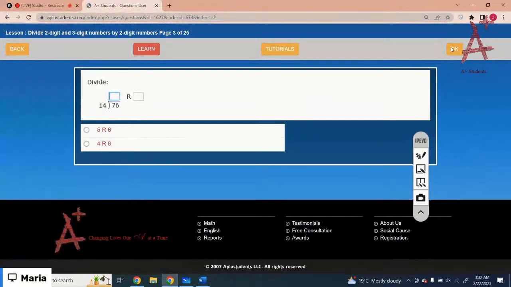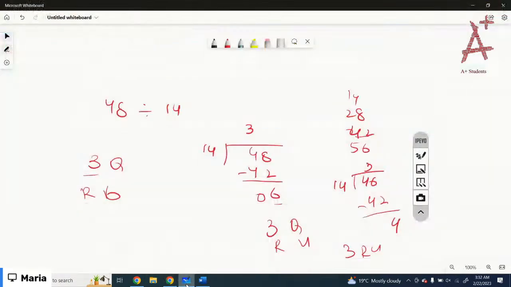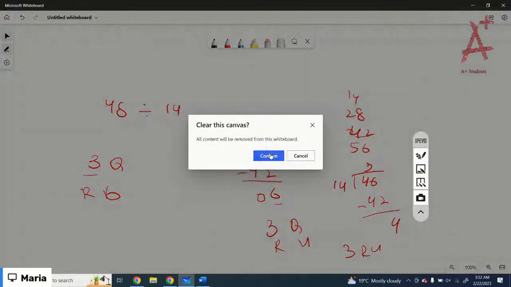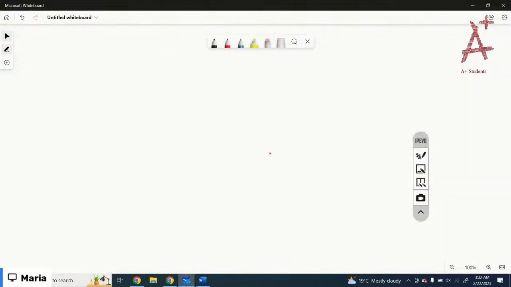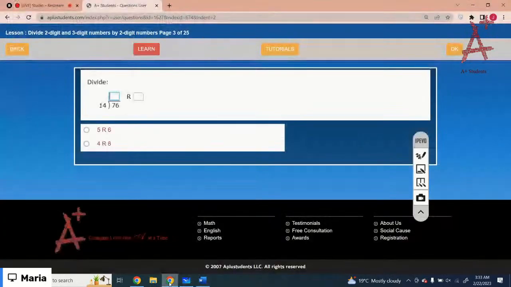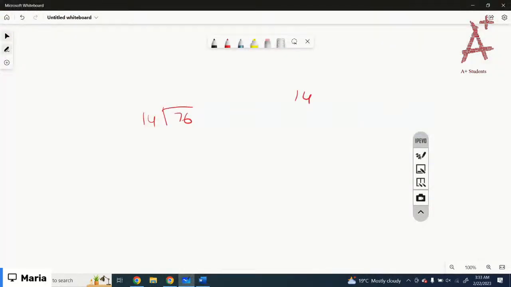Okay, the next one is 76 divided by 14. 14 times 1 is 14, 14 times 2 is 28, 14 times 3 is 42, 14 times 4 is 56, and 14 times 5 is 70.